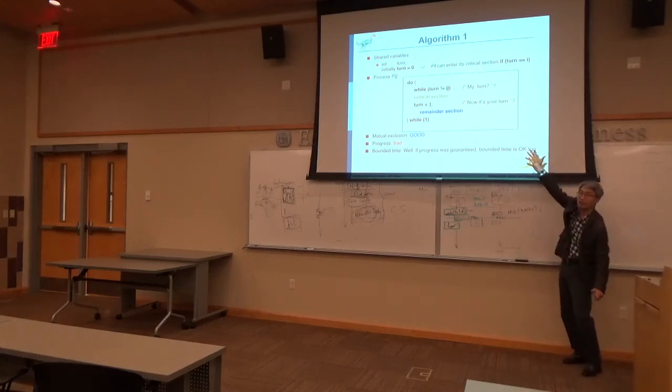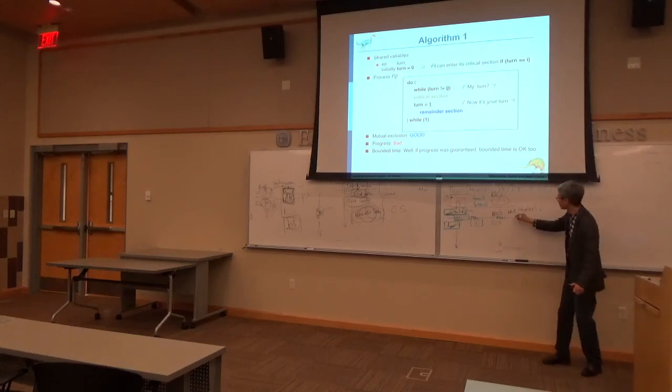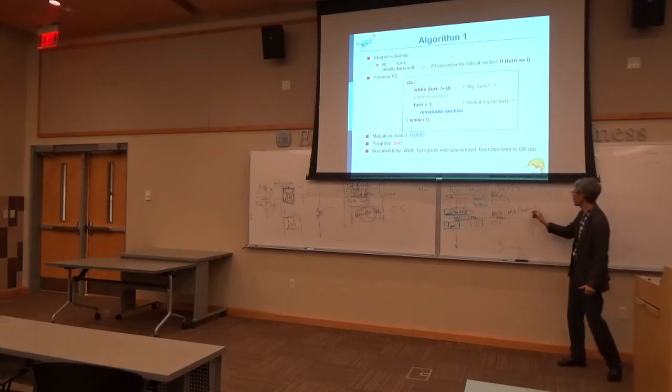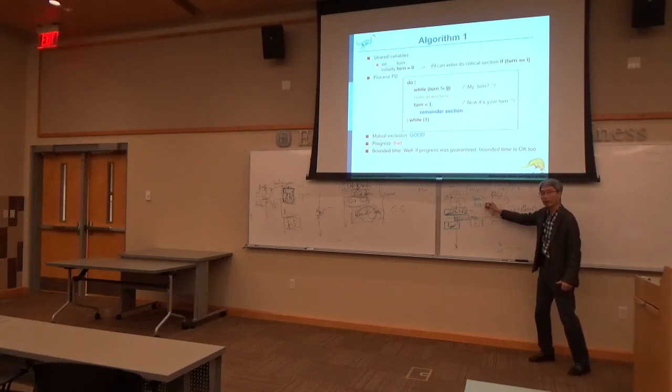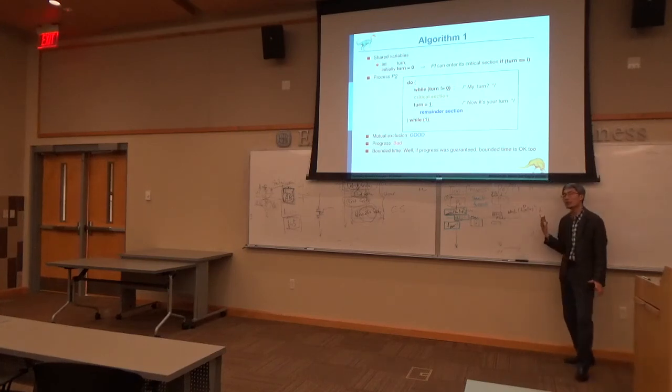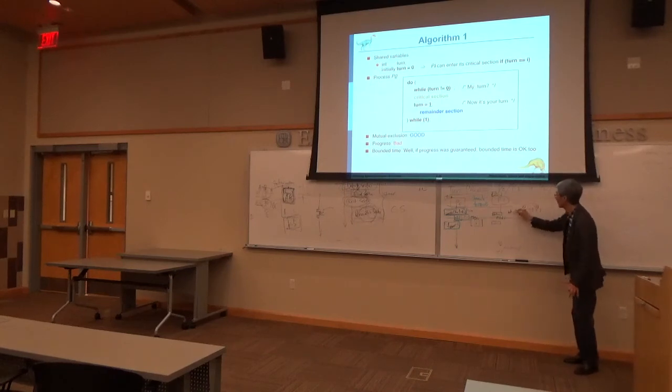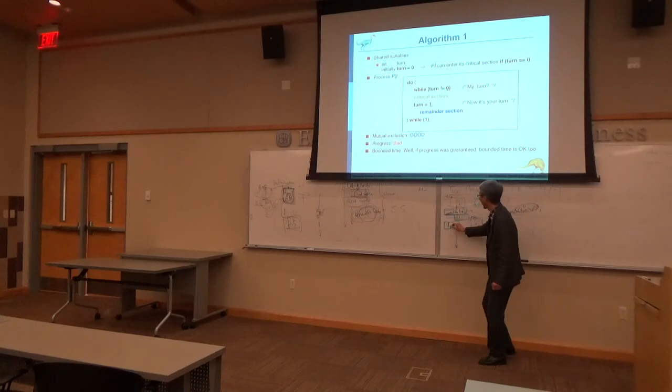This is the process 0 case. Currently turn is 0, and 0 is not 1. Is it true or false? True. True means keep checking, it's a while loop, so it's waiting. Then what happens when process 0 is done?